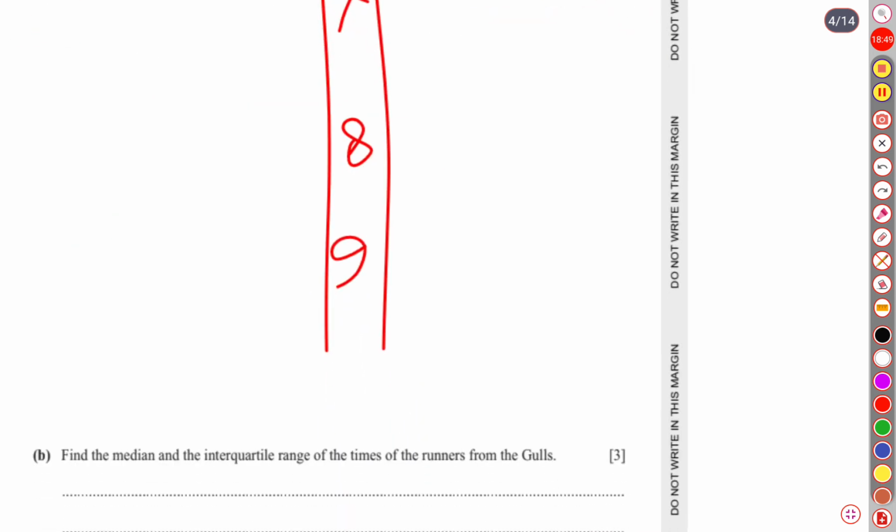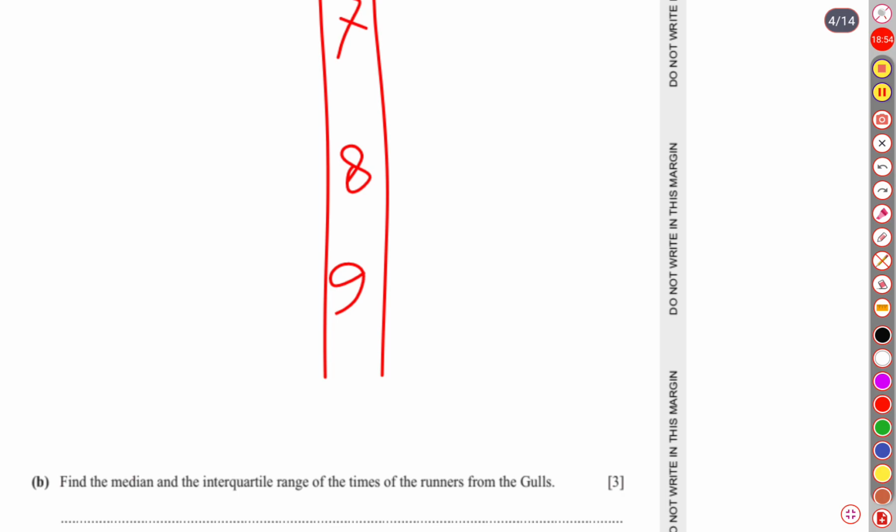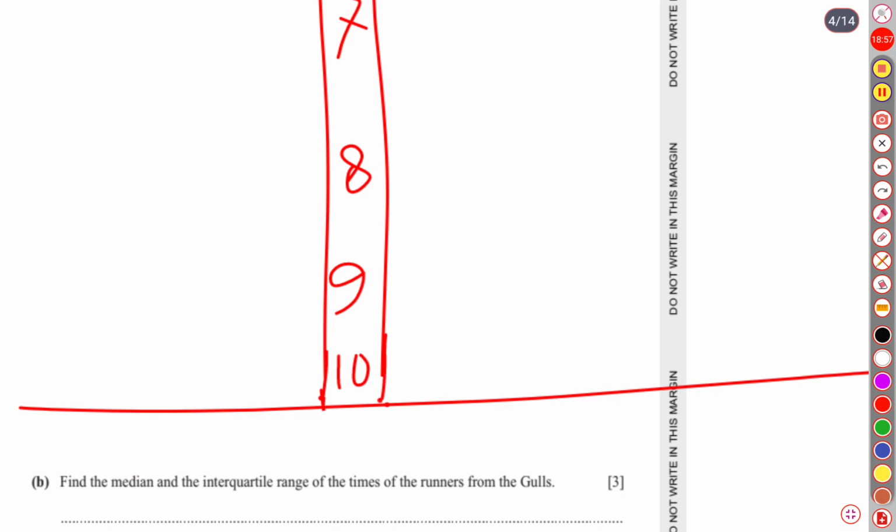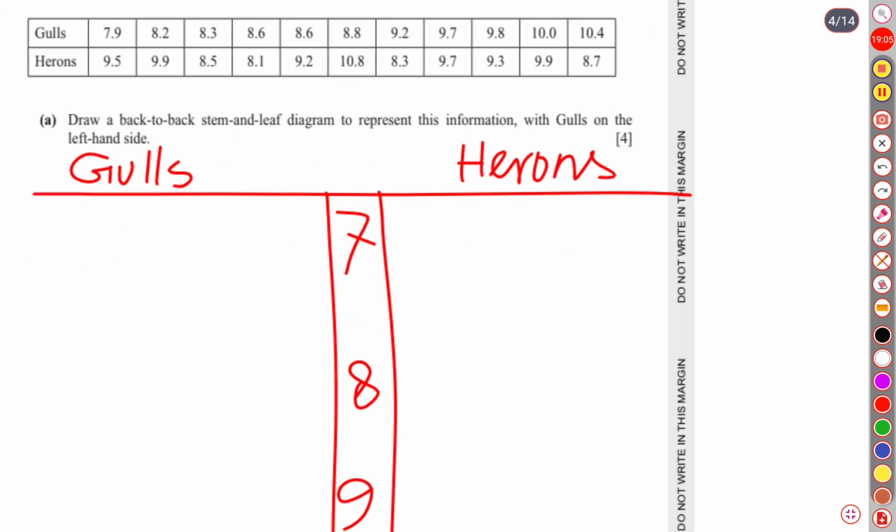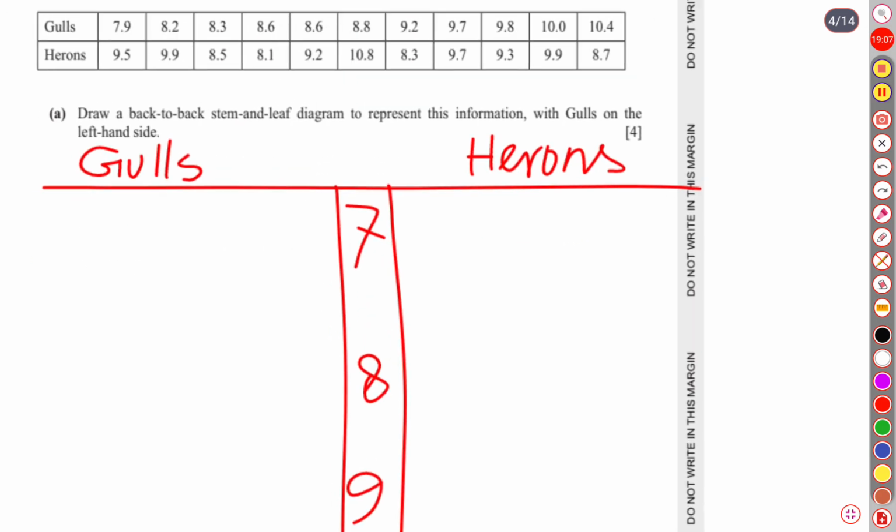Yes, there is. So we can write here 10. Then first of all we will have to find the times of girls. Girls start from 7. It is already arranged for girls, so we can write here 9.